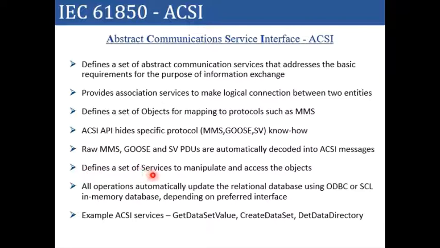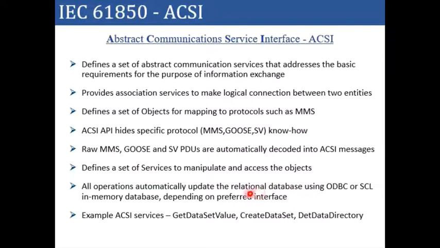ACSI defines a set of services to manipulate and access the objects. All operations automatically update the relational database using ODBC or substation configuration language or in-memory database depending upon the preferred interface.